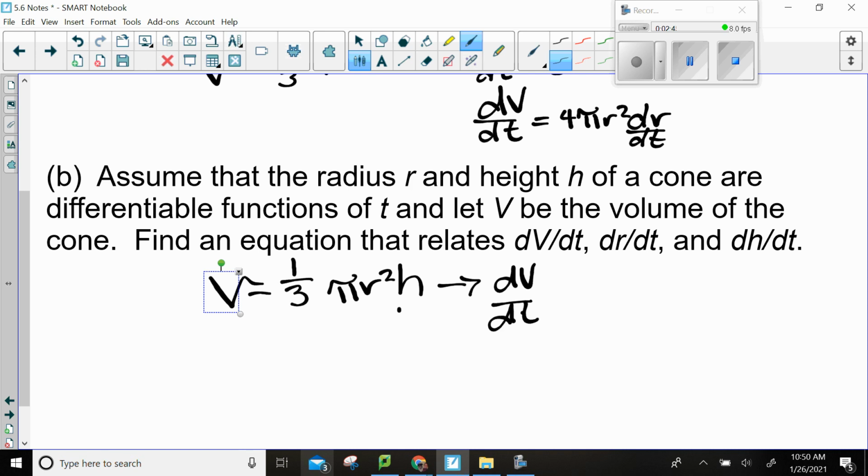So we are finding the derivative of V with respect to time. I'm going to have that 1/3 pi, which are constants.